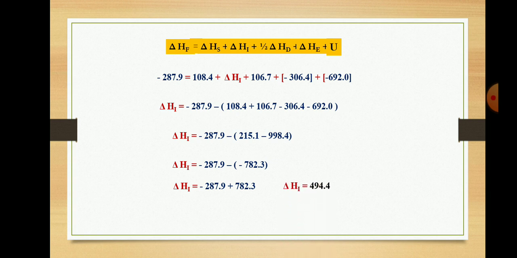When you solve this equation, we get delta HI is equal to 494.4. So the ionization energy of sodium atom in sodium iodide is equal to 494.4 kilojoule per mole. Always remember that ionization energy has a positive sign, so the answer is also in positive sign.